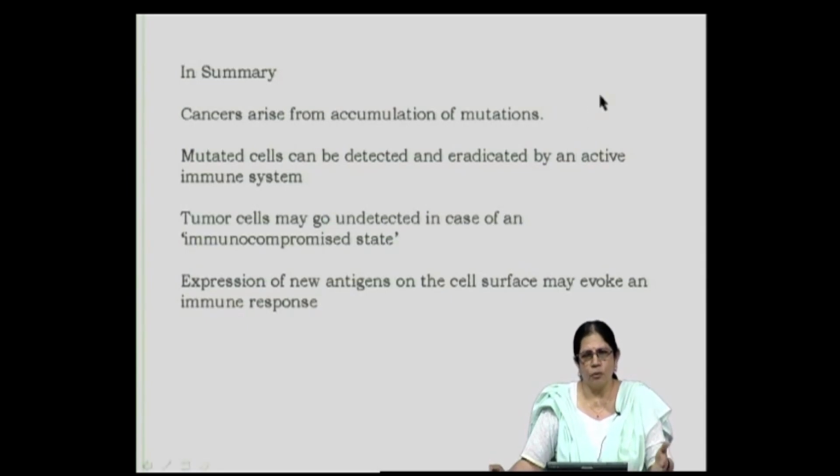So, there is no way that we can avoid being exposed to carcinogens, but thankfully our immune system is so robust that it can take care of these mutations, because the mutations that take place in normal cells by these carcinogens bring about expression of proteins on the cell surface which can be recognized as non-self.